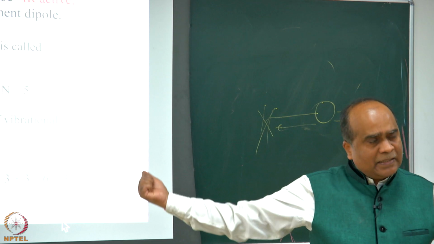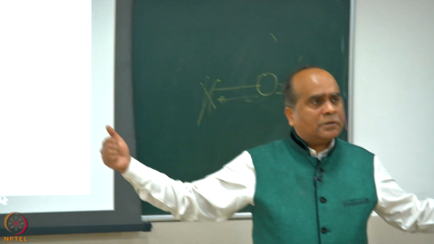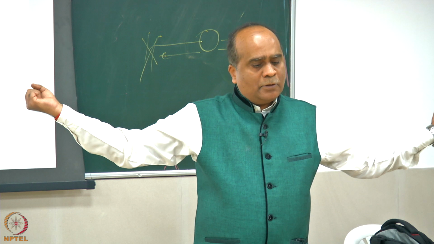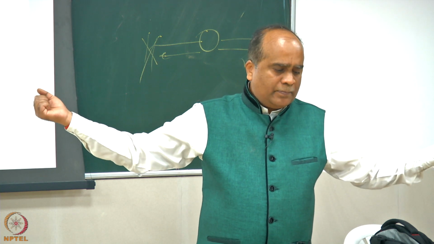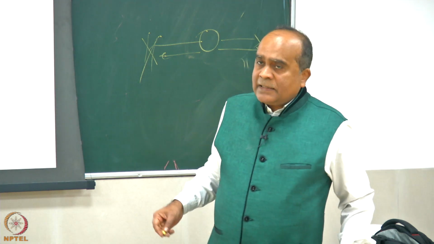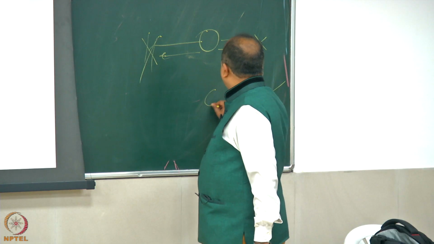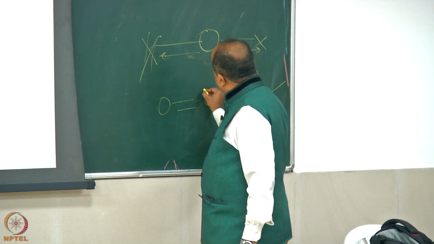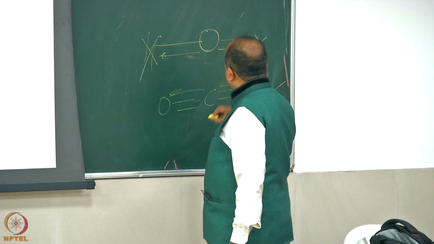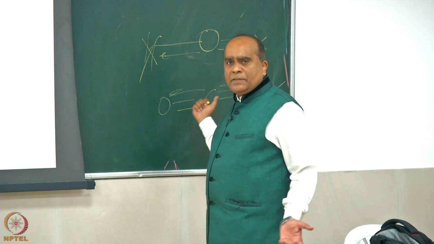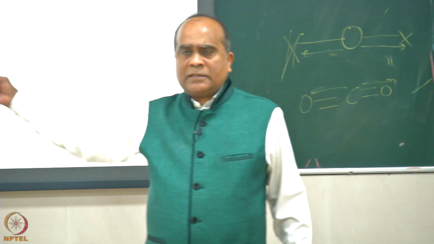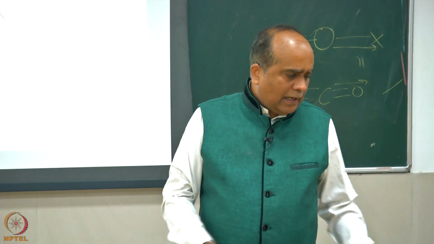If it is pulling like this, a dipole is created but equal and opposite, so it will not be active, like CO2. But if this pulling is asymmetric, so the electron is shifted more in one direction, that will be IR active.